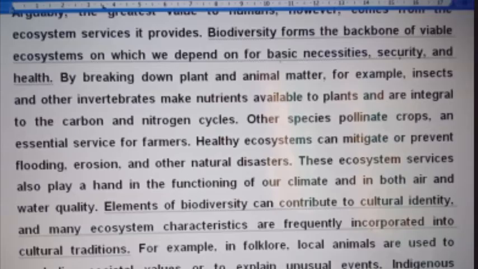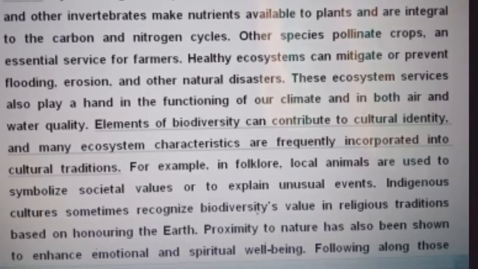Elements of biodiversity can contribute to cultural identity, and many ecosystem characteristics are frequently incorporated into cultural traditions. For example, in folklore, local animals are used to symbolize societal values or to explain unusual events.